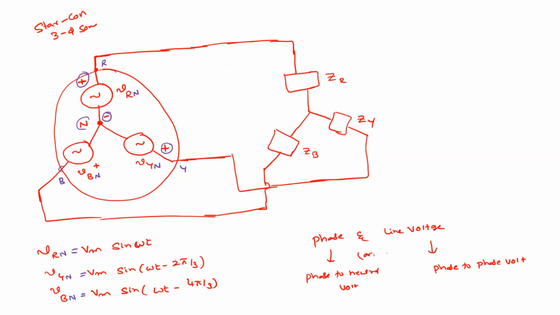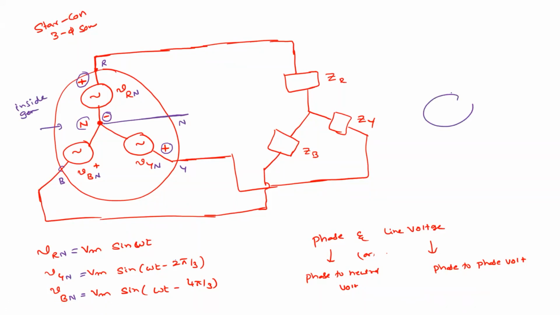Whereas these are the outer terminals, and this is inside the machine, inside the generator. Only these terminals are available, but along with some machines we have access to the neutral, and this point is accessible. So this is neutral. We have the R terminal available, the Y terminal, and the B terminal.